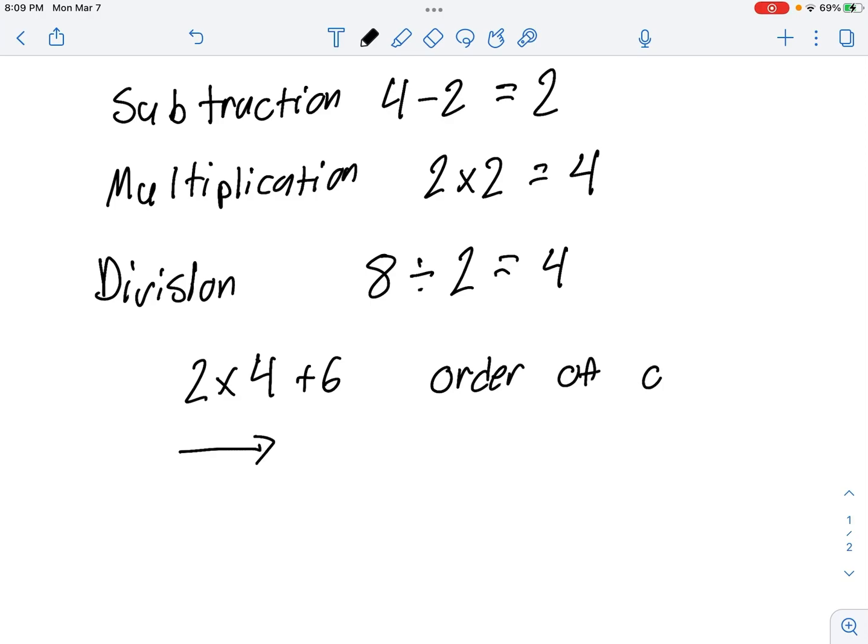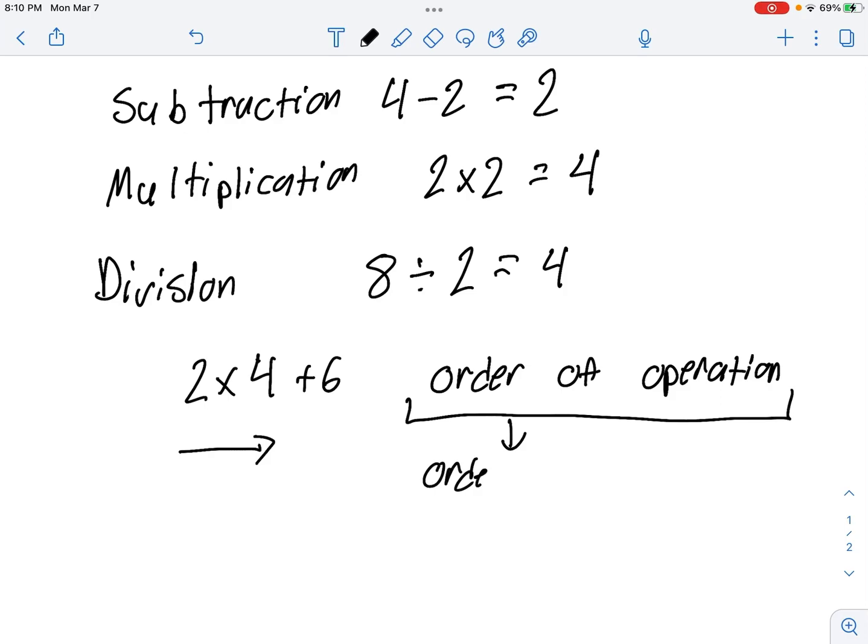What that basically tells us is the order in which we do certain operations.